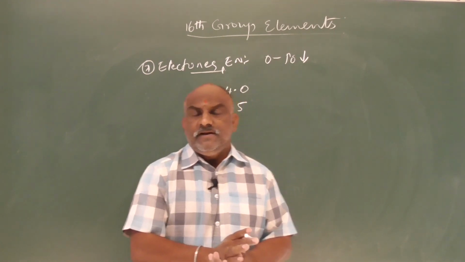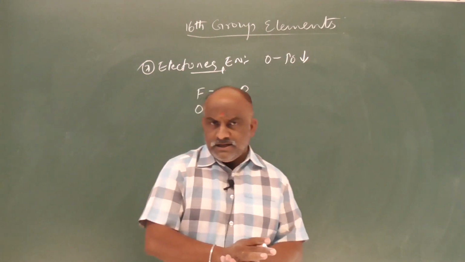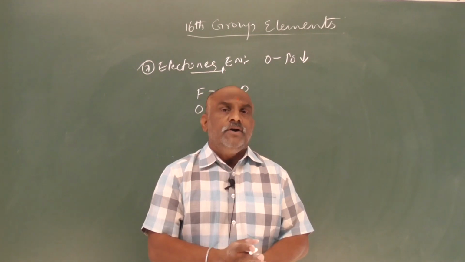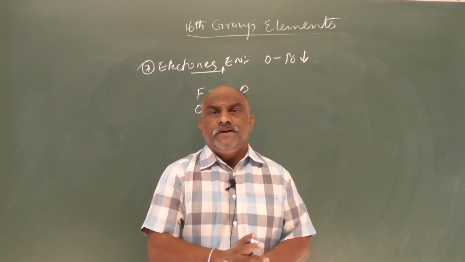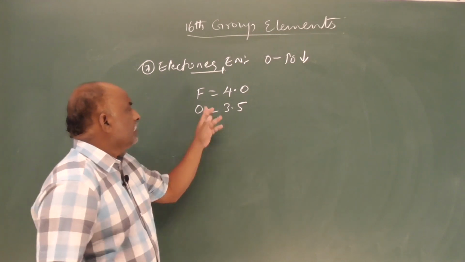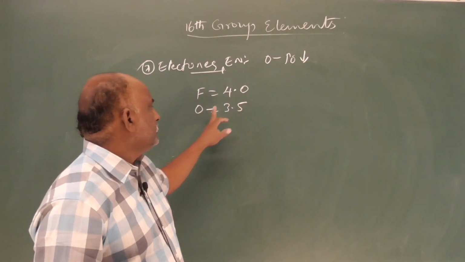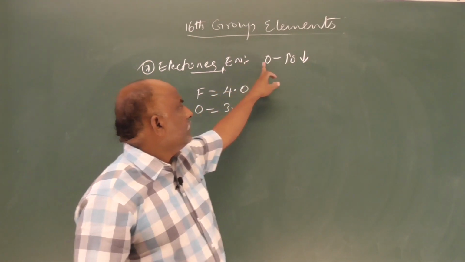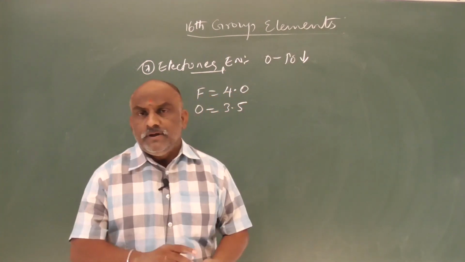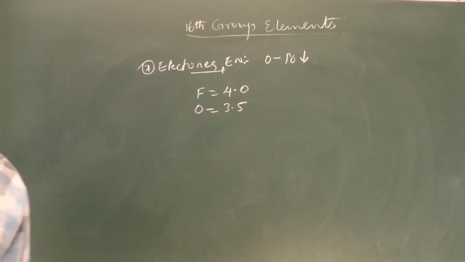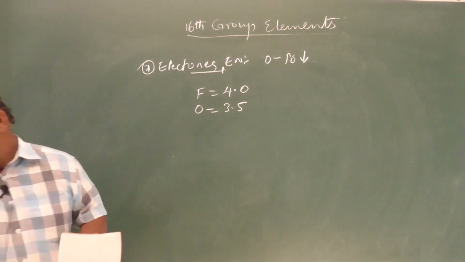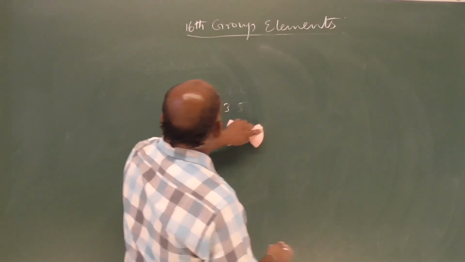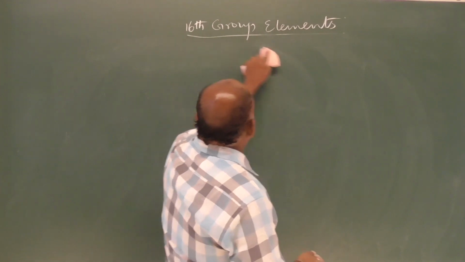Based on that, we have to find which 16th group elements are metals, which are non-metals and which are metalloids. Fluorine's electronegativity is 4.0, oxygen's is 3.5, and electronegativity decreases down the group from oxygen to polonium. The next point, very very important, is atomicity and metallic character.